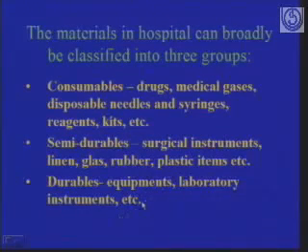Hence we call them semi-durable items, and the durable items are the equipment or instruments that we usually call capital equipment, and Professor Agarwal will be taking care of that.